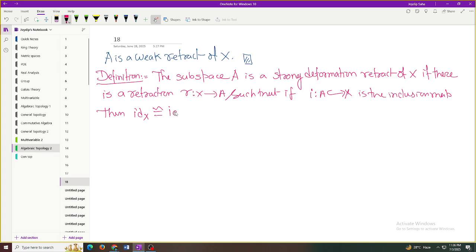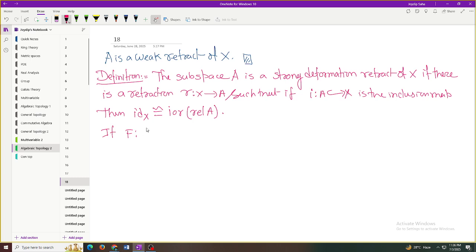Relative to A. If F is the homotopy, then what is the domain?